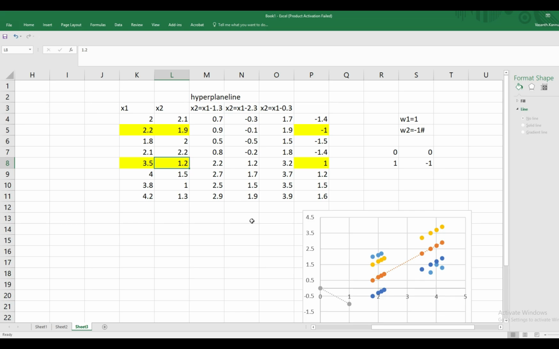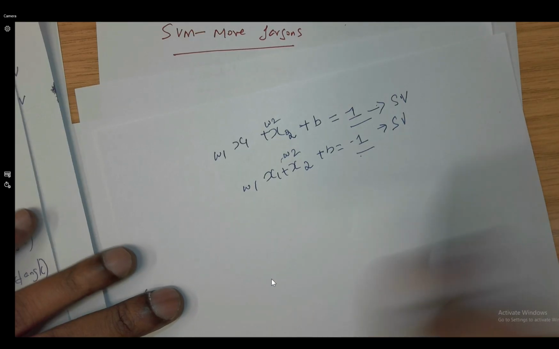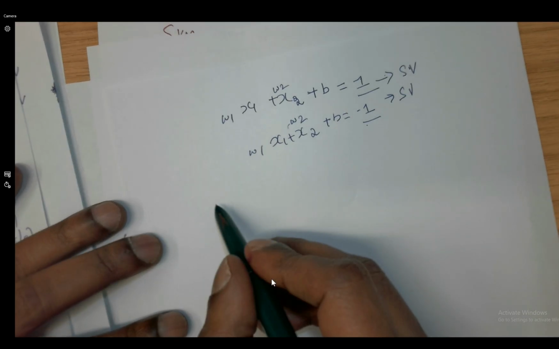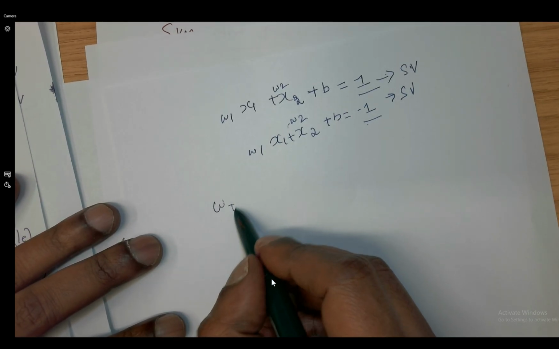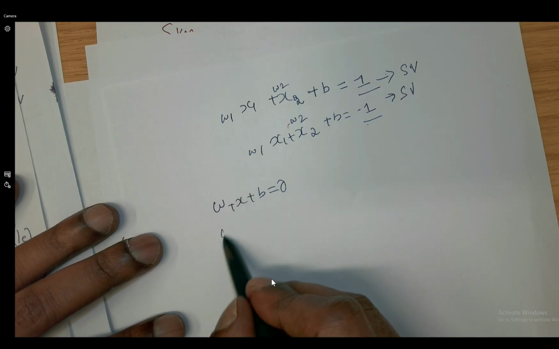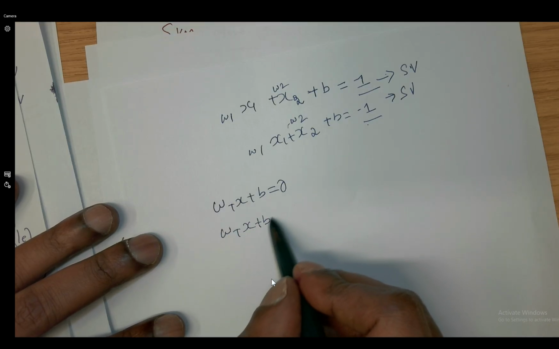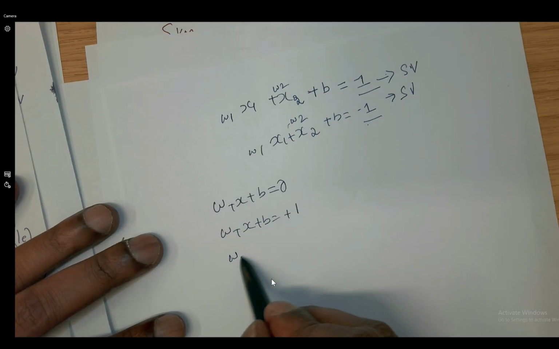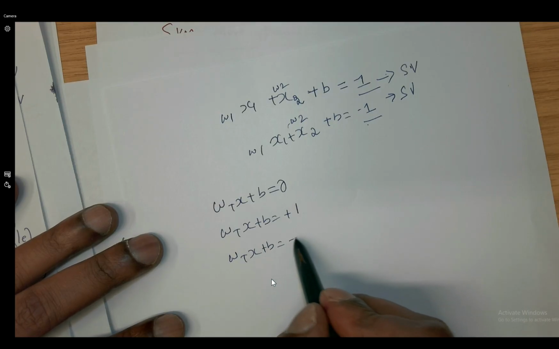So far what we learned is how the algorithm works, and the take home message is something you have to remember. For support vector machines, you have to remember only three equations. One is the equation of the hyperplane, wTx + b equal to 0, and then the support vectors, wTx + b equal to plus 1, and wTx + b equal to minus 1.